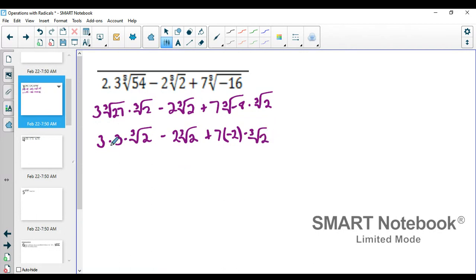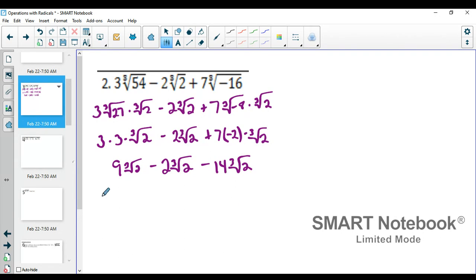Now our next step is to multiply what we can. 3 times 3 is 9, so we have 9 cube root of 2 minus 2 cube root of 2. And then 7 times negative 2 is negative 14, so we have minus 14 cube root of 2.